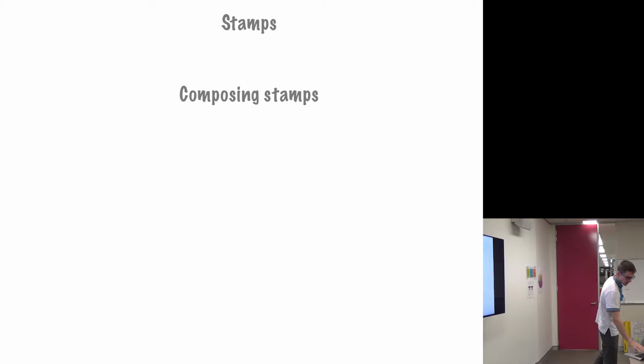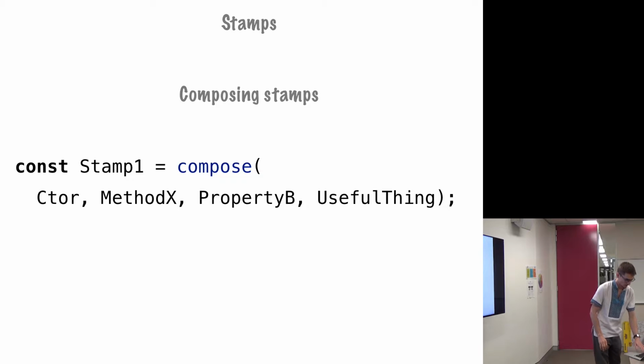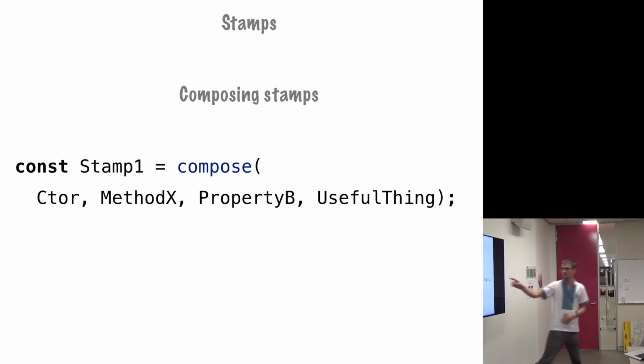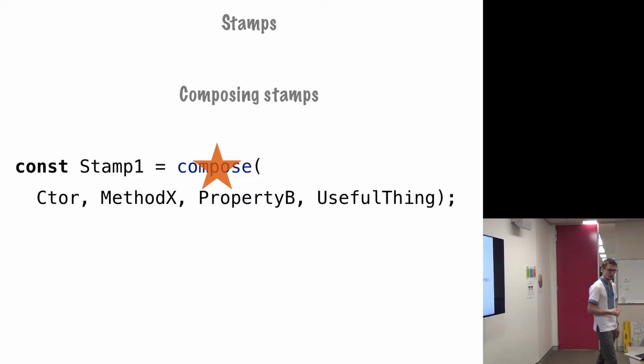So now, the magic. This is how I grab the same function and pass all those previous stamps, and it will give me stamp1, which is just a larger stamp, and this compose function does that magic. The compose function accepts both plain JavaScript objects with curly braces or stamps.